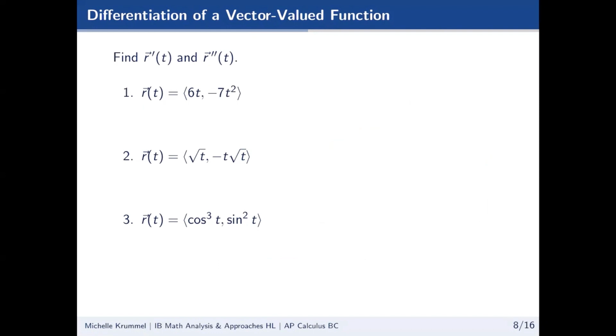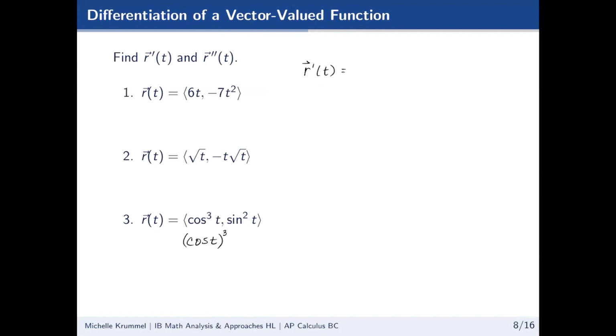And number 3, in order to take the derivatives here, we are going to have to use the chain rule. So to find r prime of t, we're going to take the derivative of cosine cubed t. So I'm thinking about that as if it were written like this, the cosine of t cubed. So we've got stuff cubed.